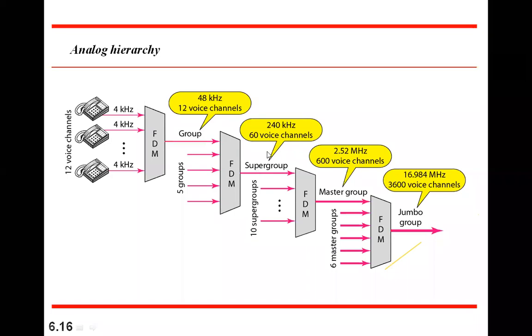Then 10 such supergroups becomes 3.52 megahertz, and then 6 such master groups becomes 16.984 megahertz. That's how it is. The names you have to remember: group channel size, supergroup channel size, master group channel size, jumbo group size. These things you have to know and remember.